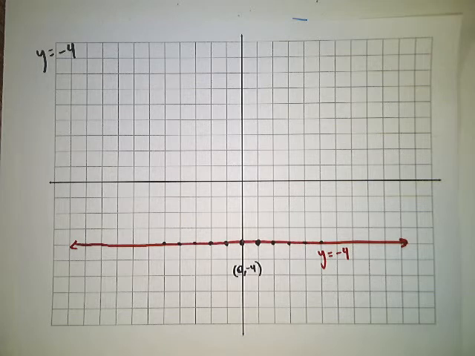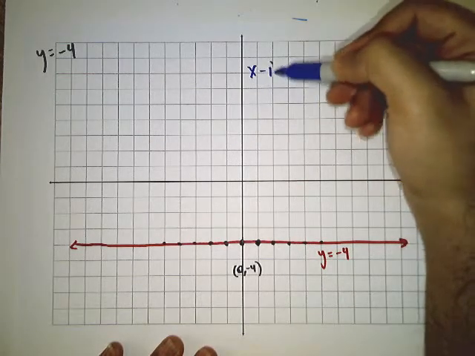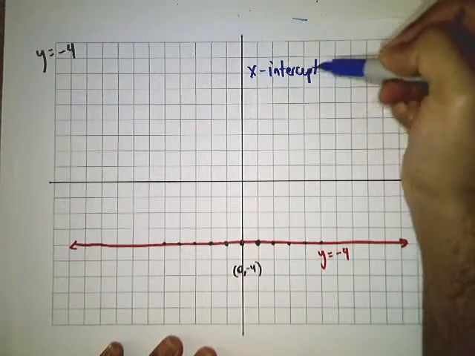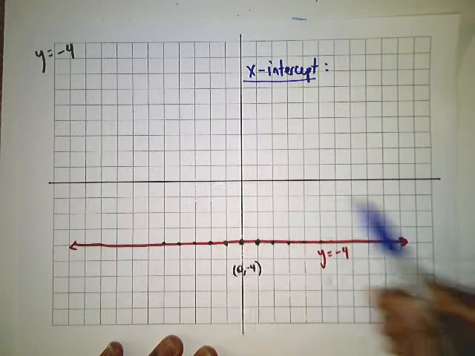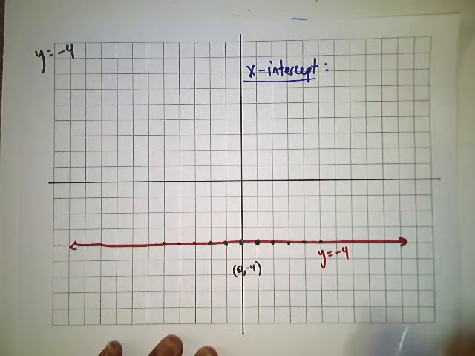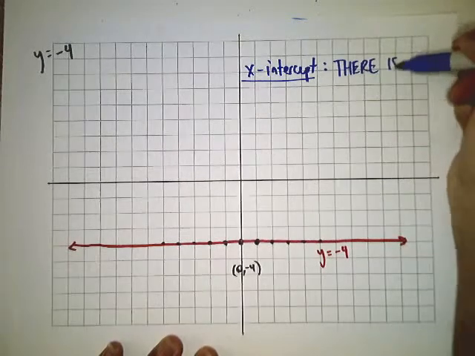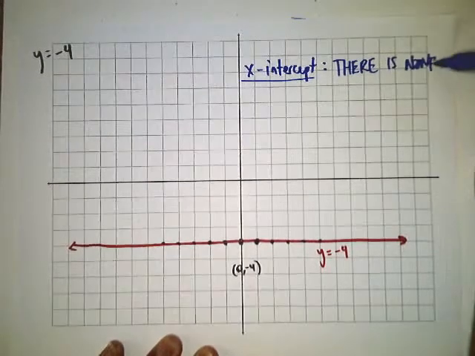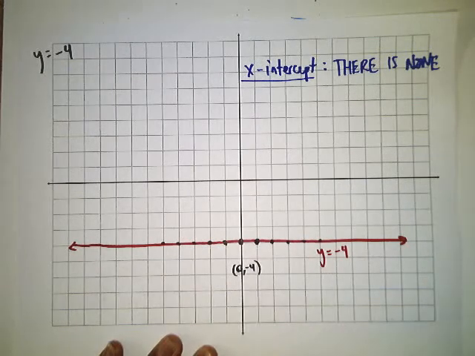So the question is, first, what's the x-intercept? Where does this line hit the x-axis? And the answer, as you can hopefully see, is there is none. This line is parallel to the x-axis, so it'll never actually hit it.